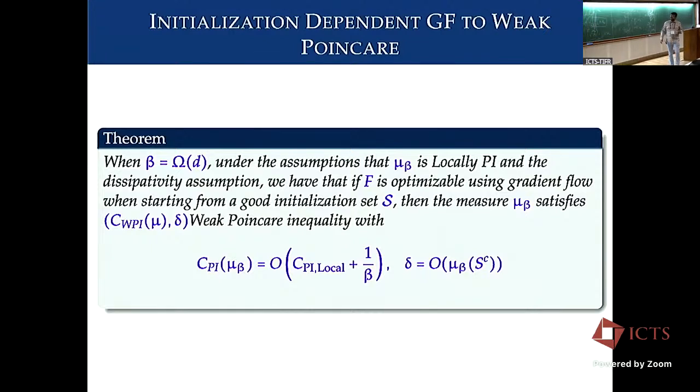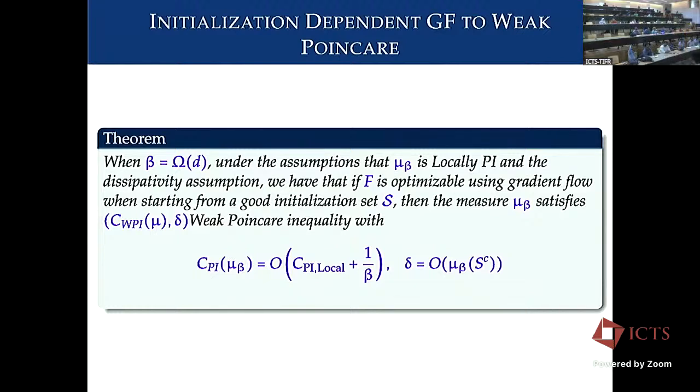So specifically, what you can show is that as long as the temperature is larger than order d, then mu beta satisfies a local Poincare inequality, if we have that f is optimizable using gradient flow, but only on some nice initialization set S. What I mean by that is that this inequality holds only on capital S. Then what you can show is a weak Poincare inequality where delta is basically the measure outside of the set.